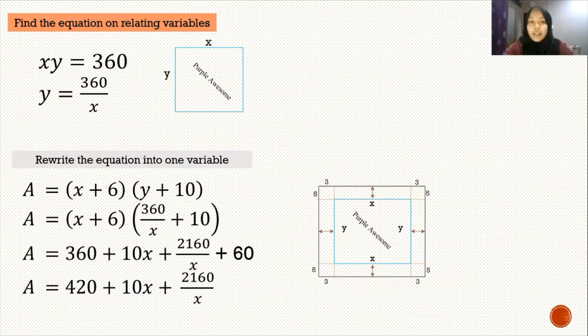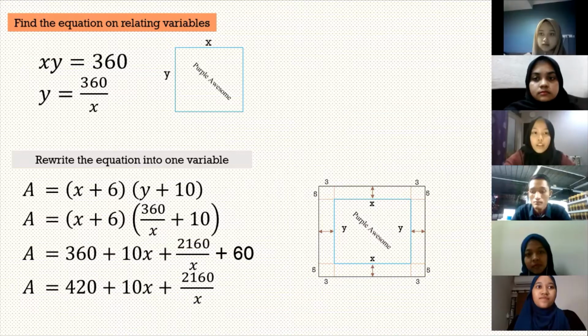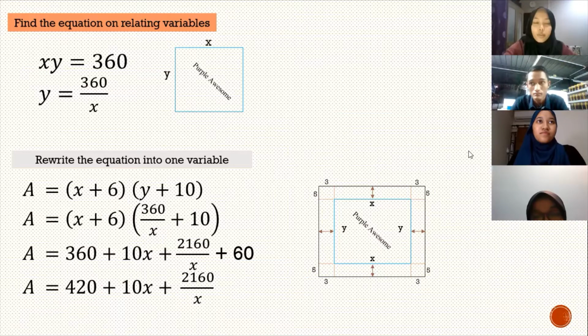As Balkis mentioned before, x is referring to the length of the printable area and y is referring to the width of the printable area. Whenever we deal with two different variables, we have to make either x or y the subject.